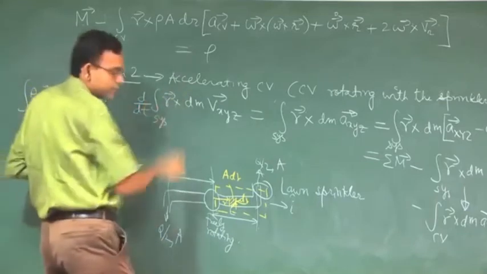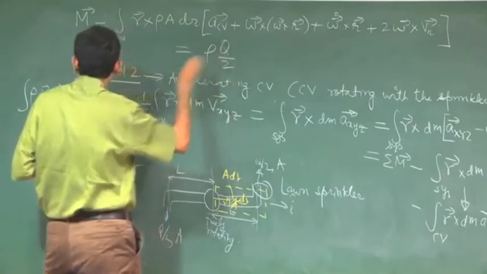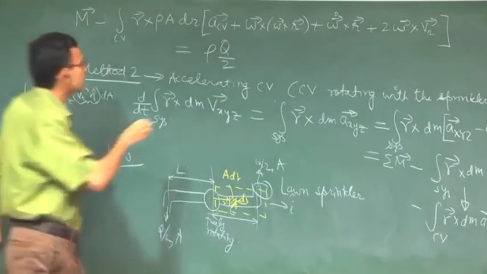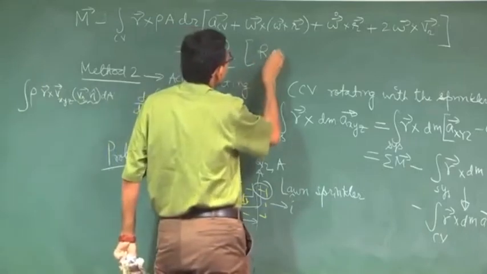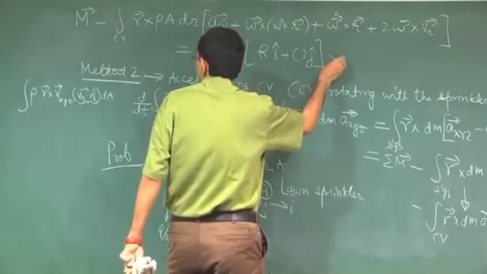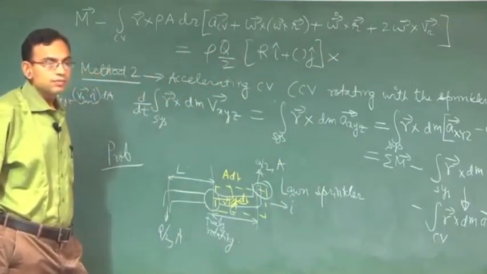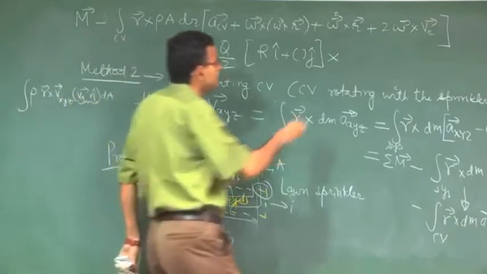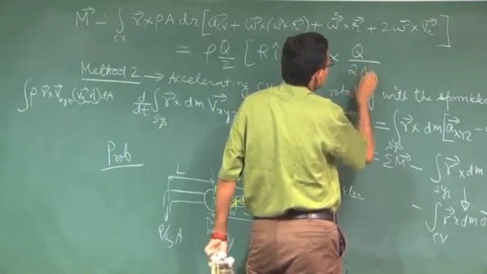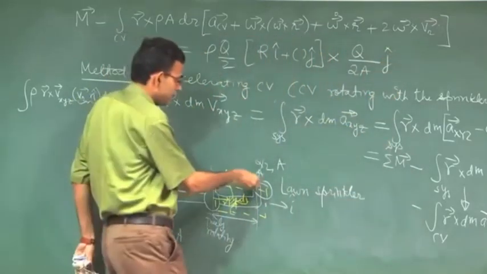So plus q by 2 into r cross this. So r is r i plus that little bit of j which is neglected, cross V xyz. V xyz is q by 2A j, right, this one.